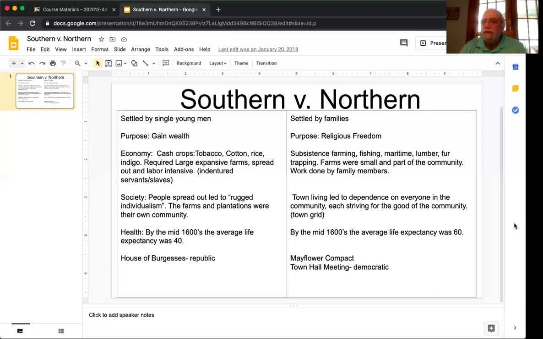They had a very strong economy in farming, fishing, maritime, which is ships going back and forth, lumber, fur trapping, etc. So that's it for this. That's all I want to talk about for the early experiences of the colonials.